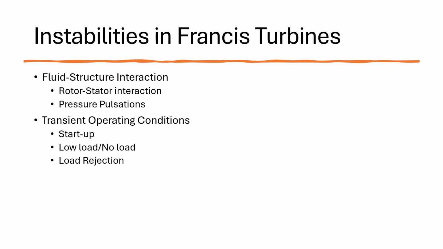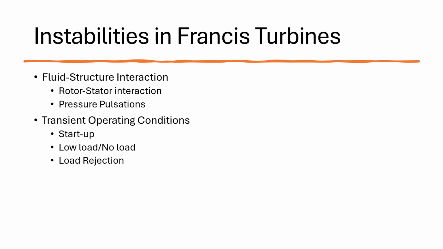There's a certain lifespan on these turbines, and some of this rotor stator interaction creates pressure pulsations and creates cracks in the turbines. A lot of these pulsations happen because the runner natural frequency becomes close to the rotor stator frequency. This could be fixed by a damping device being put in, but again, that costs quite a lot of money.